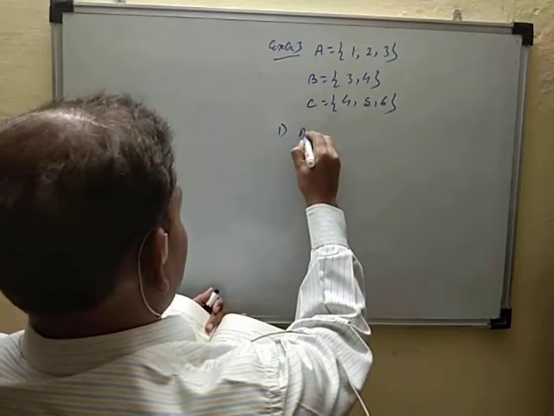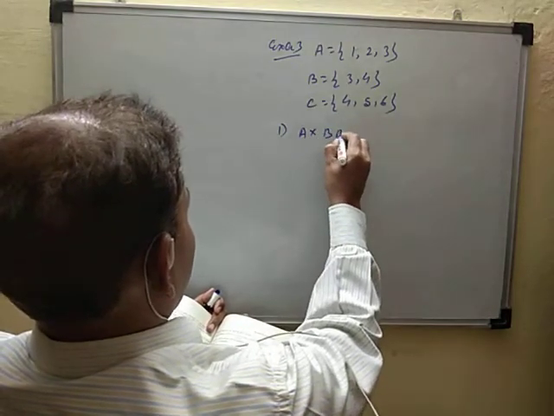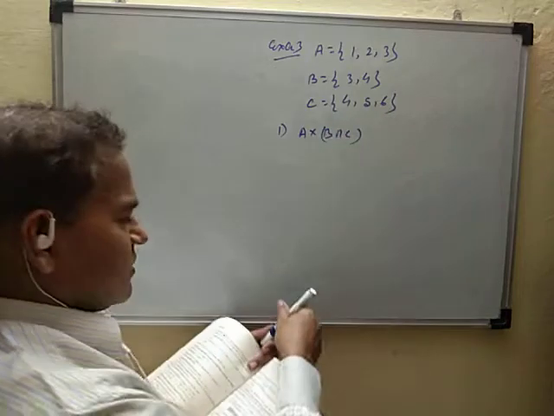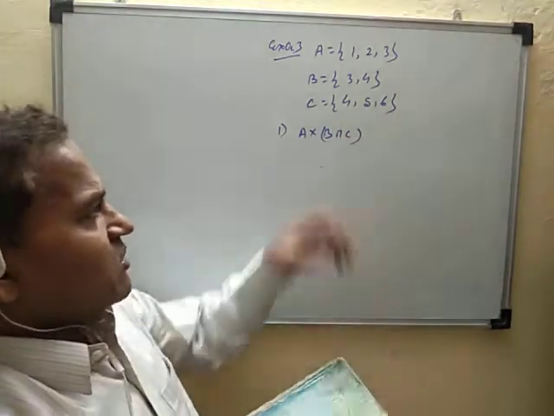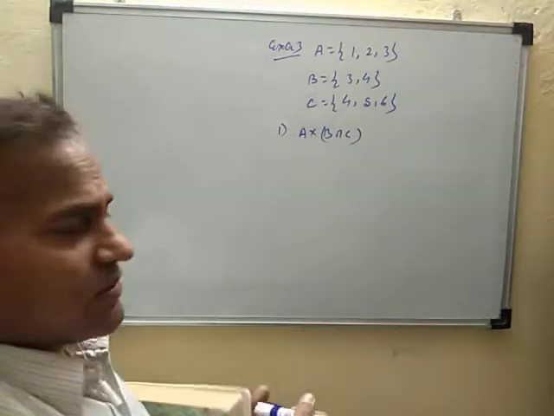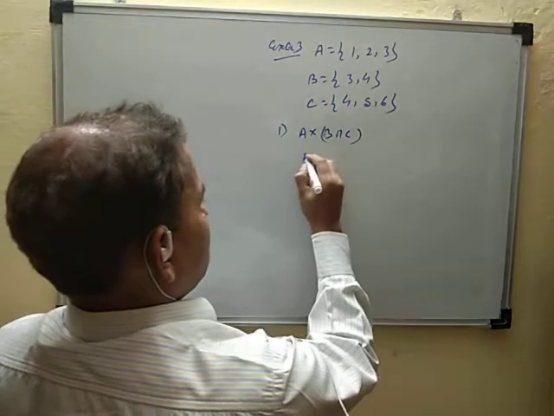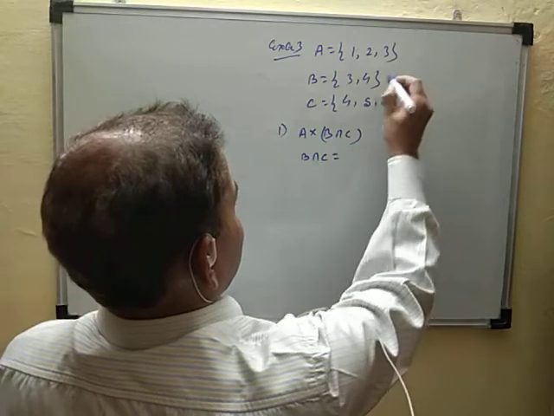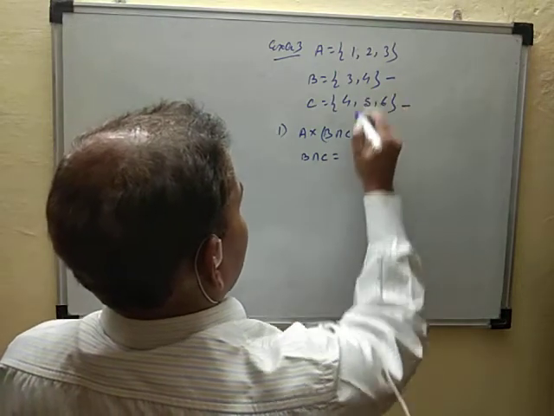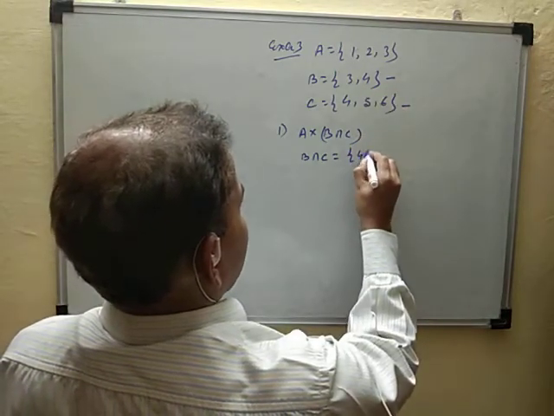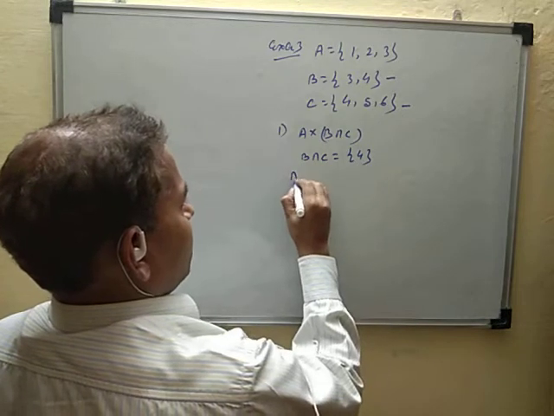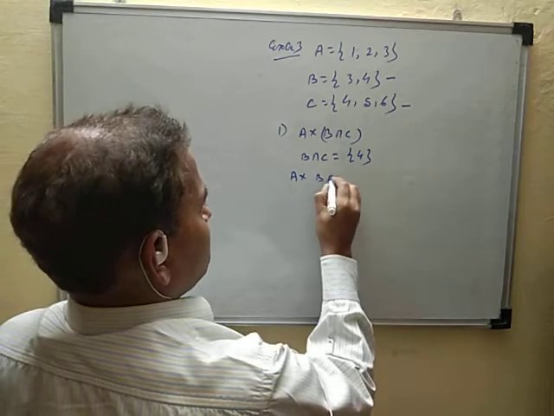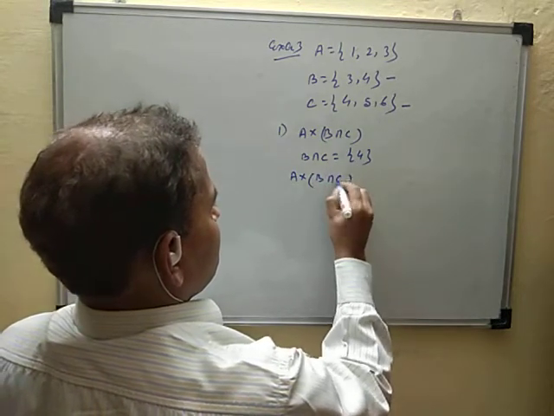First find B intersection C. So B intersection C is equal to, what is common between B and C? Only 4. 4 is a common element. Now find A cross (B intersection C).